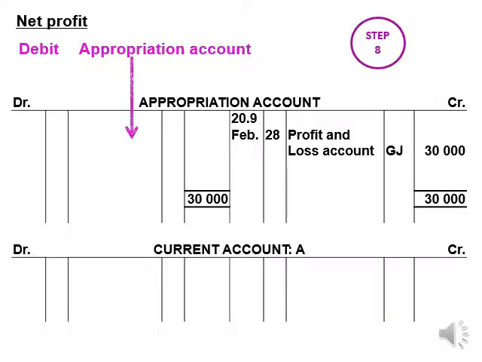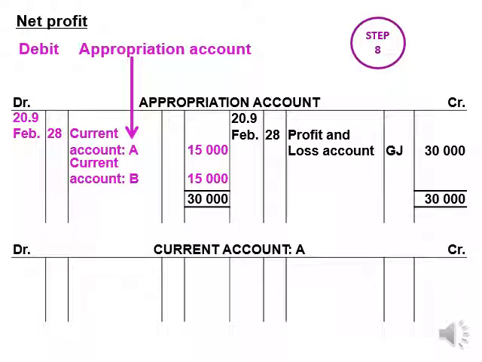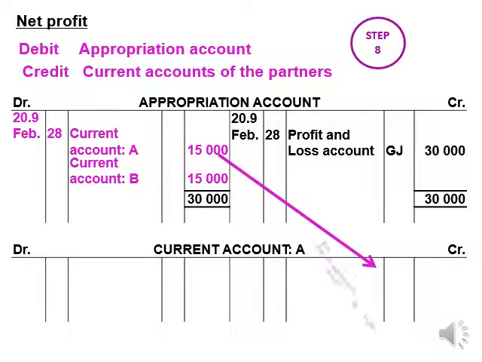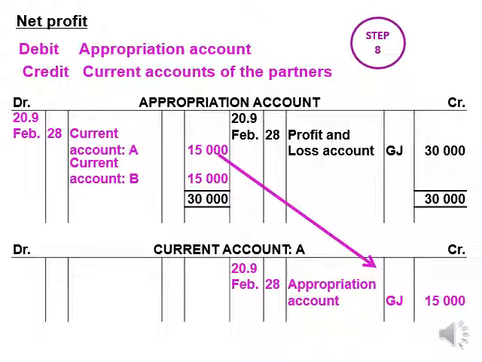So we will debit the appropriation account with current account A and current account B, and each current account will be credited with their share of the profit. So here in the example, we credit the current account A with 15,000. Please note the contra account is appropriation account, but we also will credit the current account B.